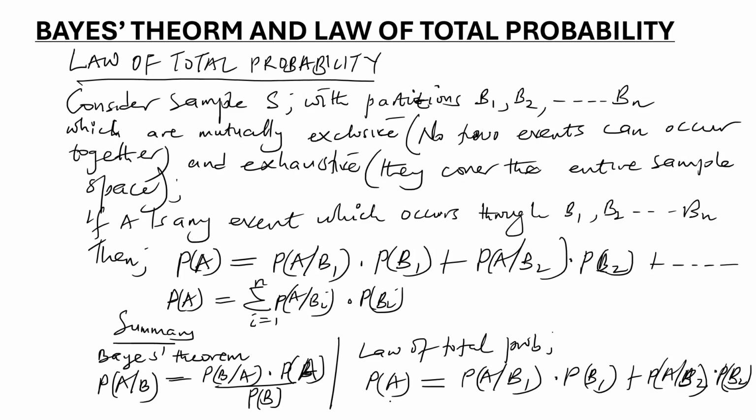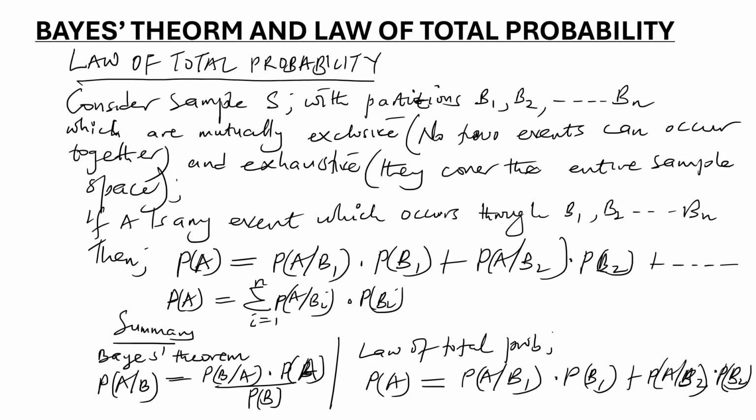What we mean by A occurring through B1 is like determining the probability that a student passes math, where we can consider two schools, B1 and B2. Then A stands for the event that a student passes math, and we look at how he passes math based on school B1 and B2.